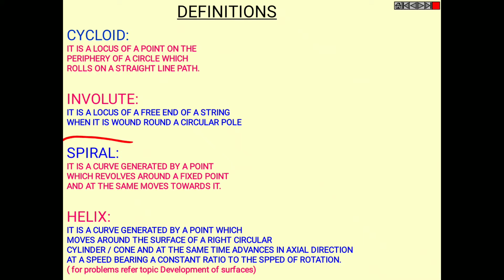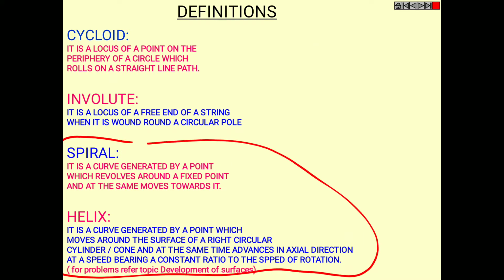What are spiral and helix? A spiral is a curve generated by a point which revolves around a fixed point and at the same time moves towards it.